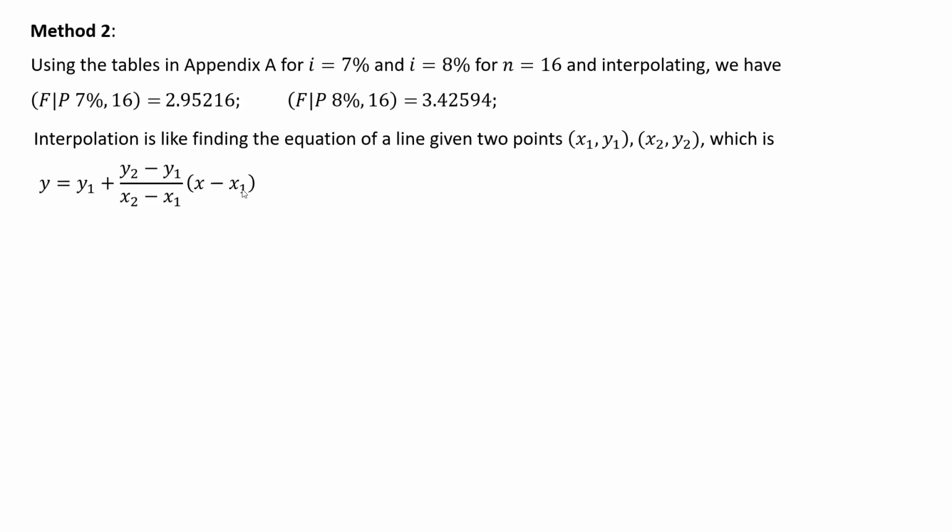Cool. x1 as 7%, y1 as 2.95216, and x2 as 8% and y2 as this 3.42. Okay? And what is x? x is where we want the value. That means at 7.5%. So take that to be x.